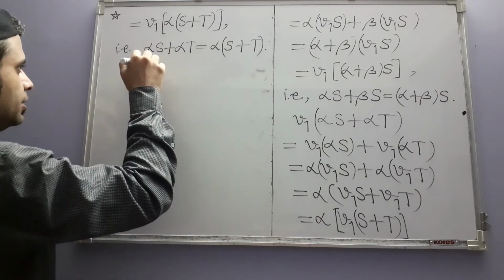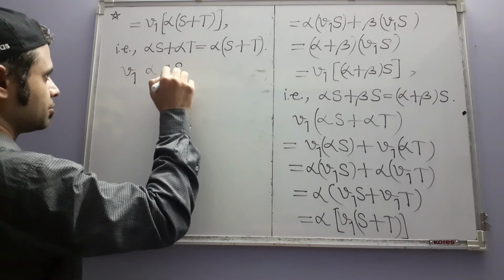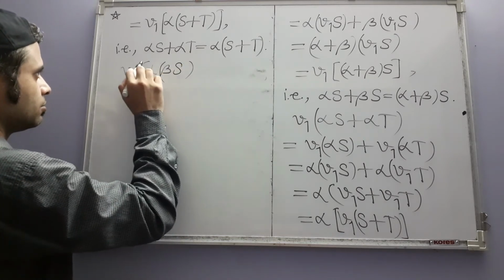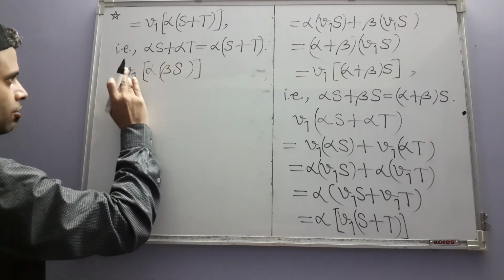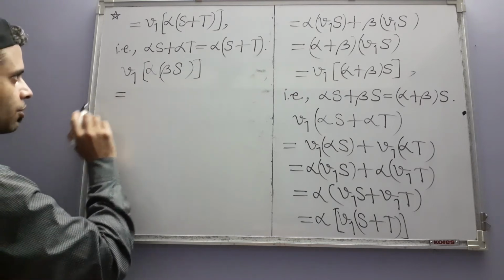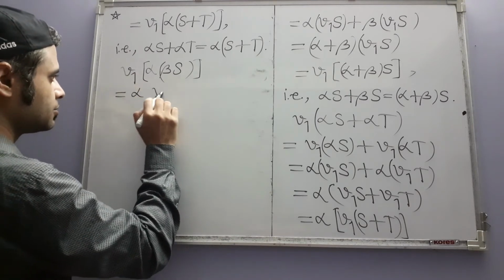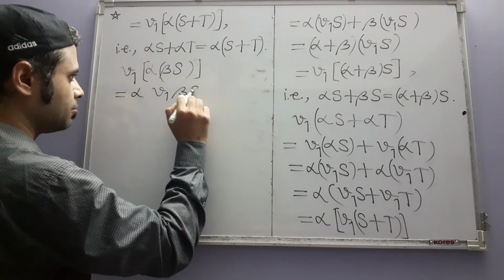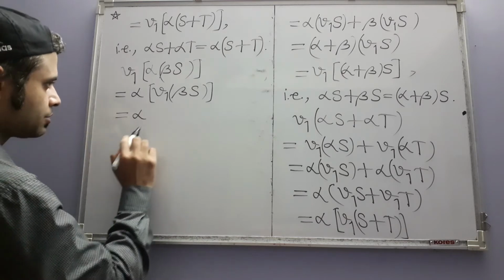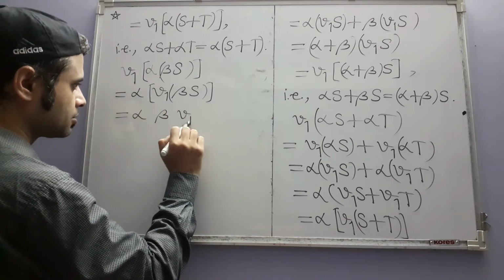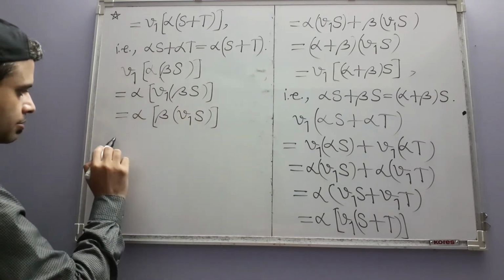So here we need two scalars, alpha and beta, and one homomorphism S. What we are going to first of all consider is the effect of this function alpha times beta S on V1. First of all, by using our definition of scalar multiplication, this is alpha times the image of V1 under beta S. Again, using that definition once more, this is beta times V1S.